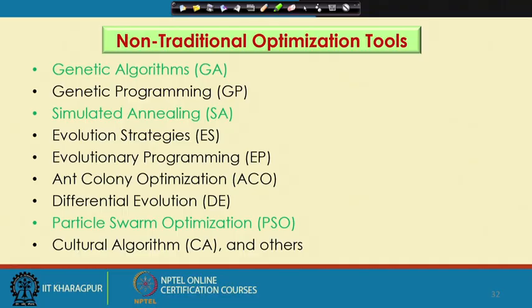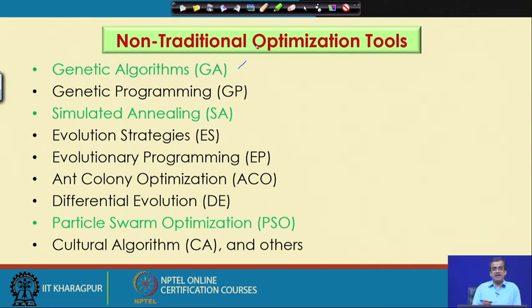For example, we have the genetic algorithm, which was proposed in the year 1965. Then we have genetic programming, simulated annealing, evolutionary strategies, evolutionary programming, ant colony optimization, and differential evolution, which is a modified version of the genetic algorithm.